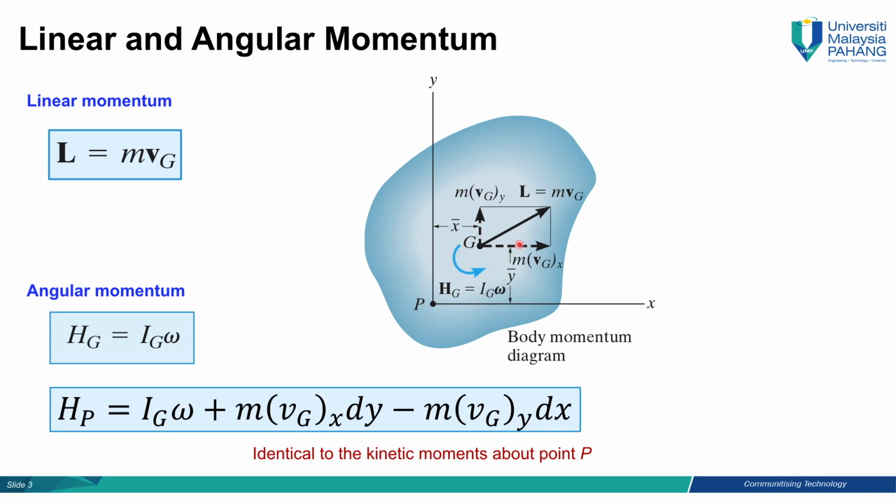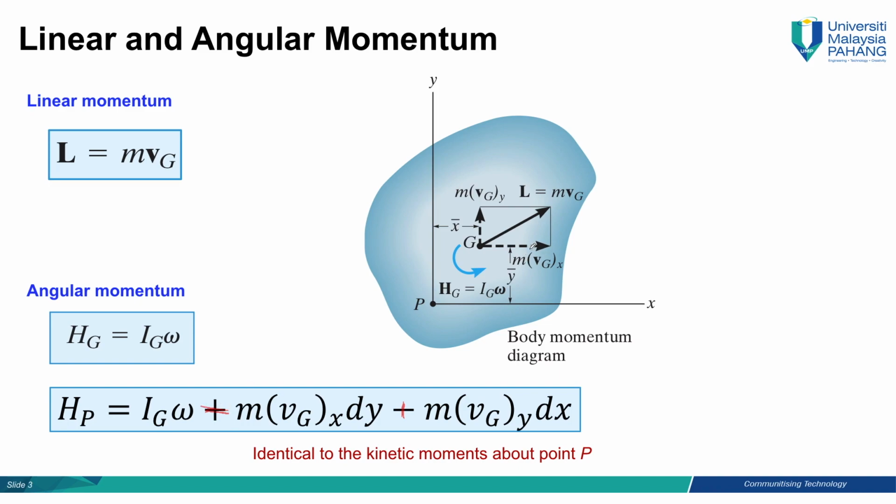So basically, this is wrong, this should be negative here. mvgx is going to point P in clockwise direction, so this should be negative. mvgy is going in this direction, in counterclockwise direction, so this should be positive. So this should be positive here, and this here should be negative.